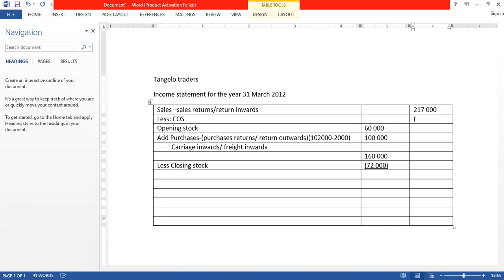So 160,000 minus 72,000 is how much? How much are you getting?